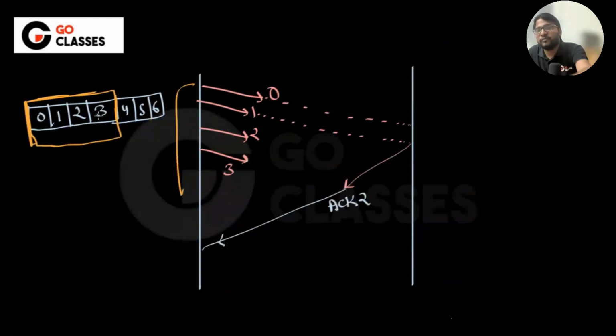See, tell me, when I sent 2 here, I mean, I sent 2 maybe before, but the moment I send 2, am I starting the timer for 2? No, right? The moment I send 2, I'm not starting the timer. The moment I receive the ACK for 1, or the moment it gets to the base of the window, I start the timer.